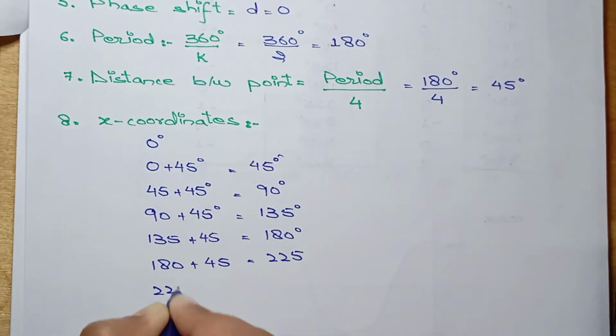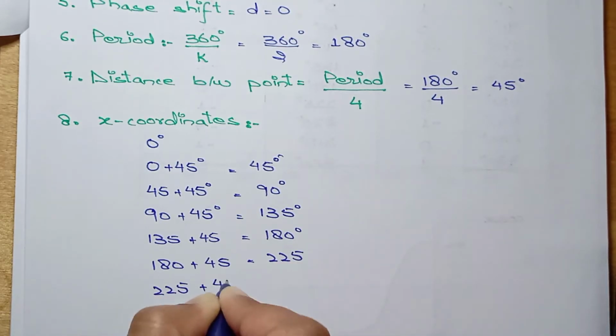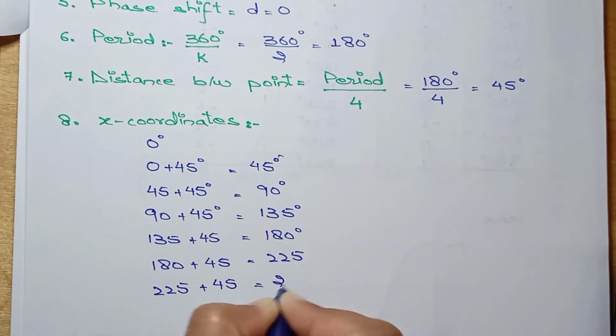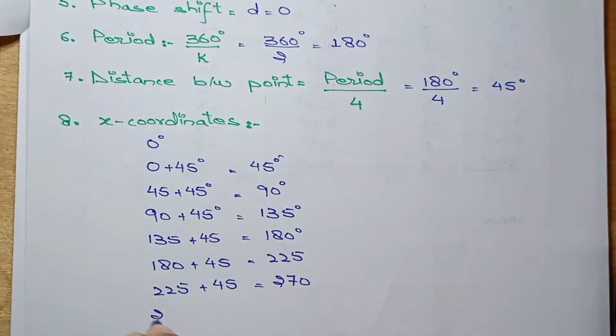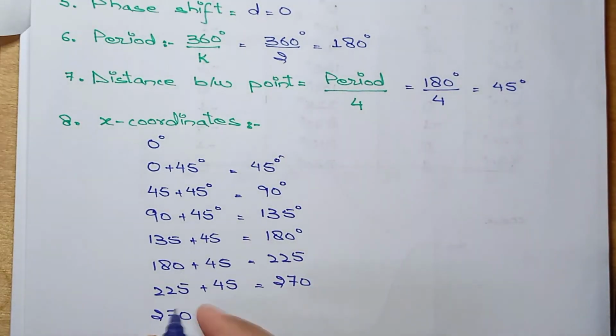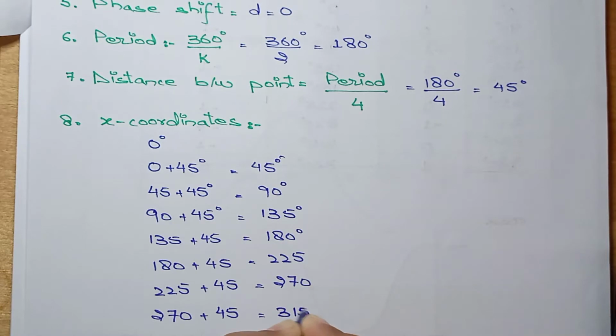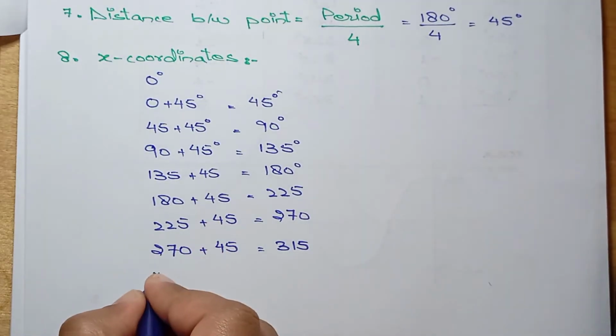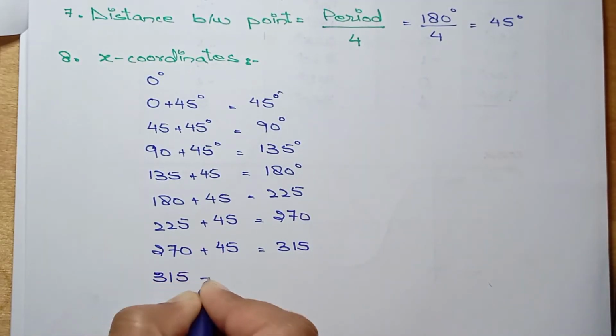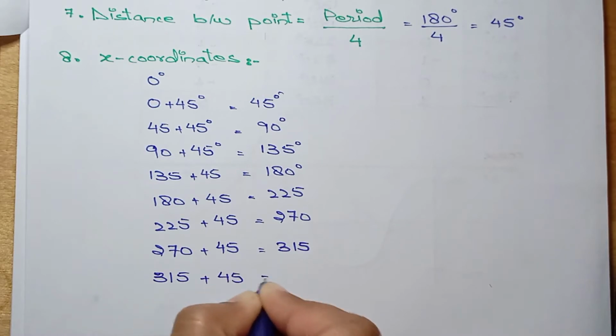To 225, adding 45, we have 270. And 270 plus 45, we have 315, and 315 adding 45 is 360.